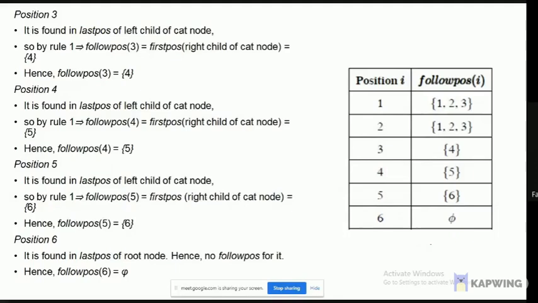Clear? Any doubt? Rule 1 is for the concatenation node and rule 2 for the star node. I will share that algorithm also. Based on rule 1, we are calculating for concatenation nodes, that means follow position of 3, follow position of 4, 5, 6. All these are calculated based on rule 1.